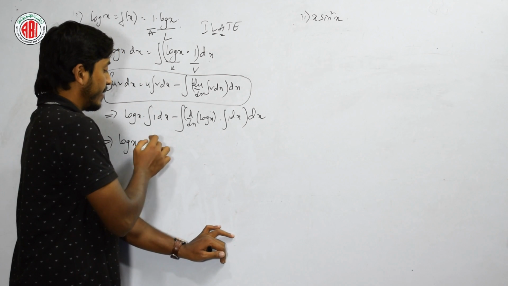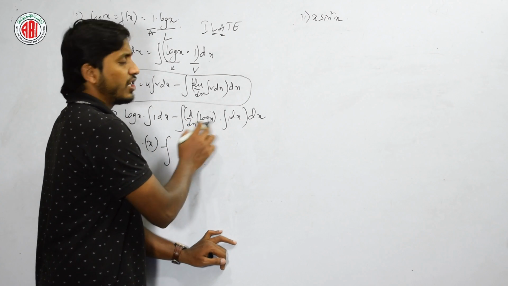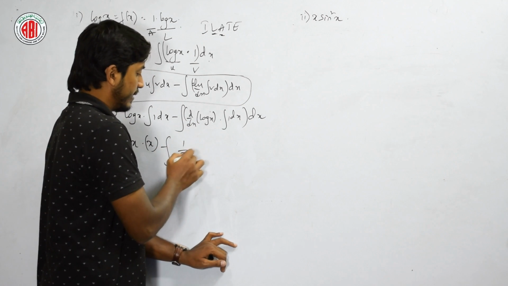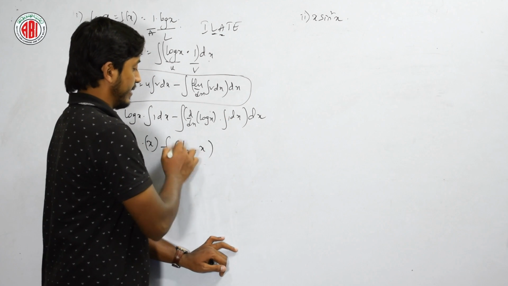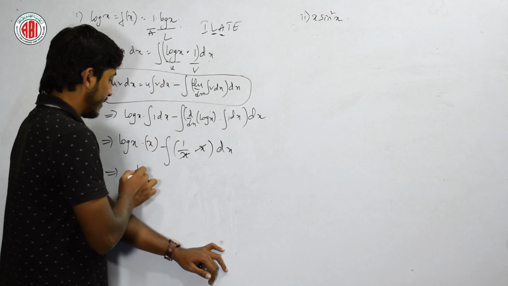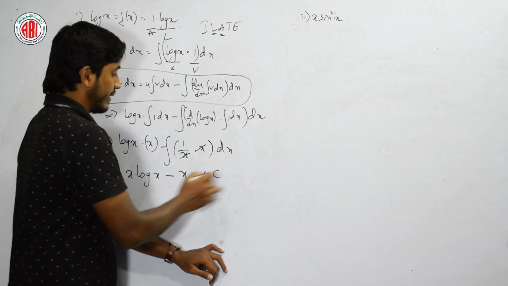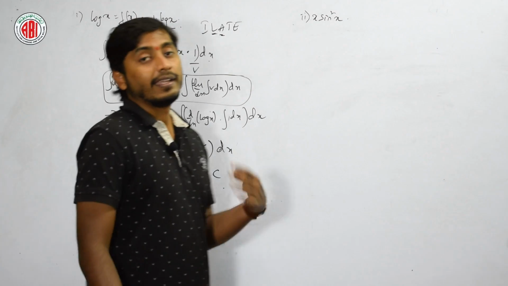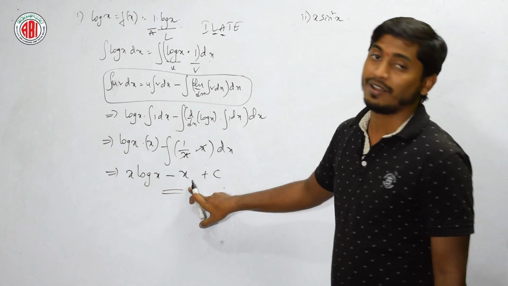Integral dx is nothing but x, right? Next, what is the differentiation of log x? 1 by x. Yes. Next, integral of 1 dx, again x. Here if you observe, x will get cancelled, then I will write it as x log x minus integral dx, which is x, right? Now just tell me, what is the integration of log x? That is x log x minus x.